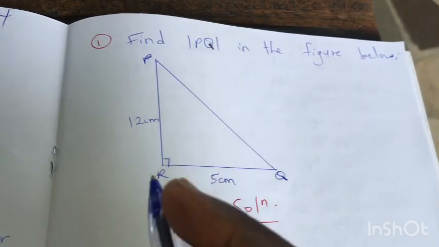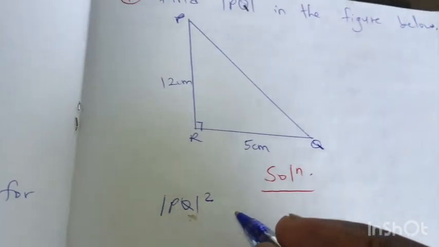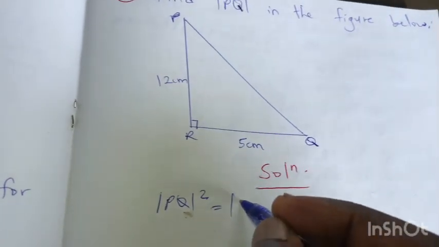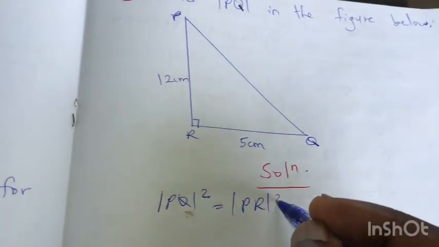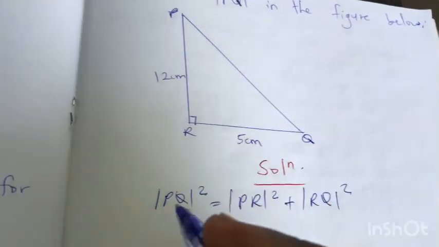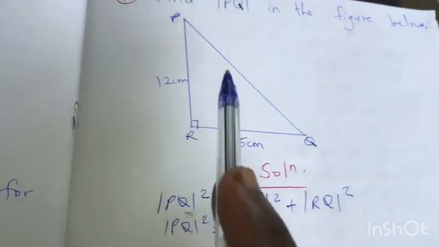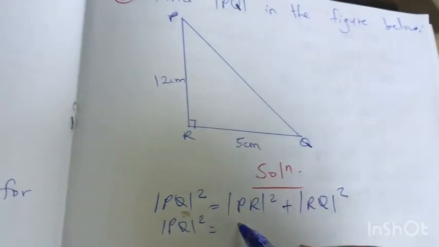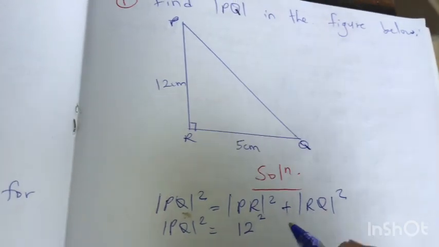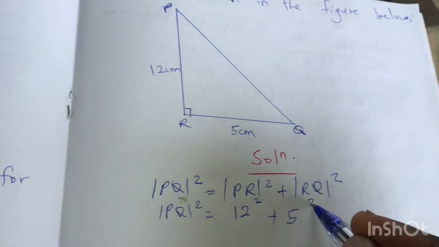So PQ squared, as in Pythagoras theorem, equals PR squared plus RQ squared. So PQ squared equals 12 centimeters squared plus 5 centimeters squared.